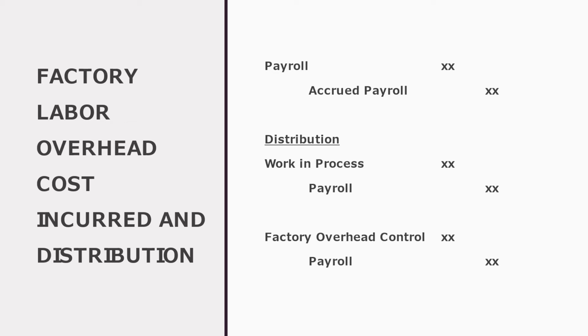So as to the distribution of the payroll account, more or less the proper term would be the reclassification of the payroll account to where it should be distributed to. More or less, it would be distributed in two ways, either in work in process or factory overhead control. For direct labor, you will put it under work in process. For indirect labor, you put it under factory overhead control. Okay.